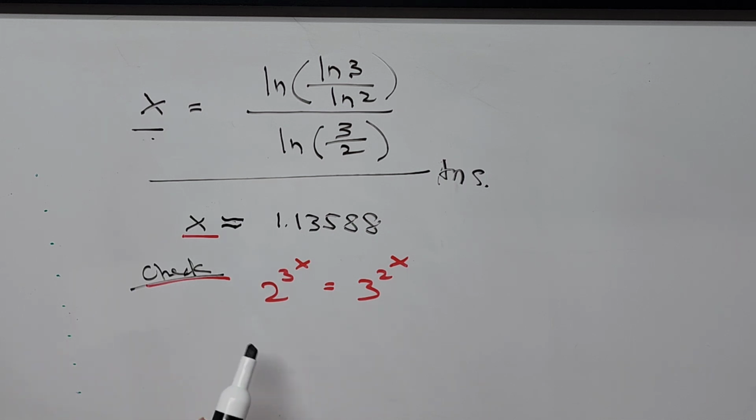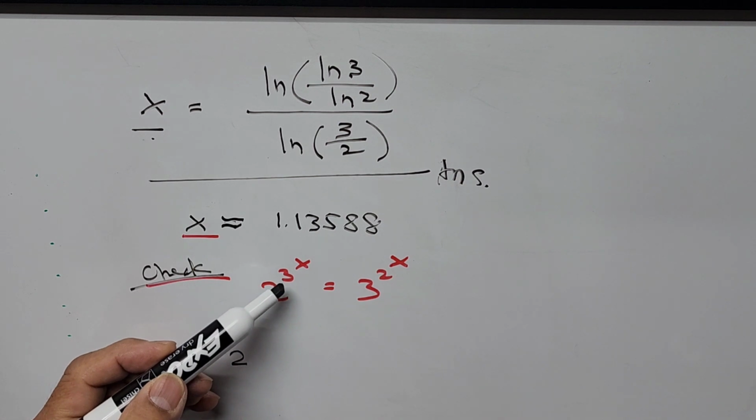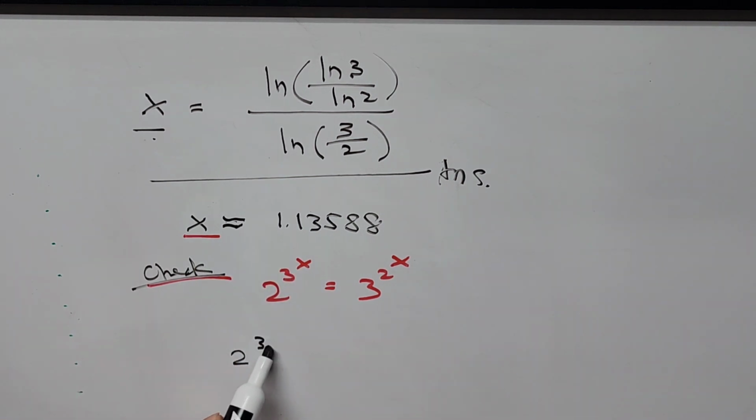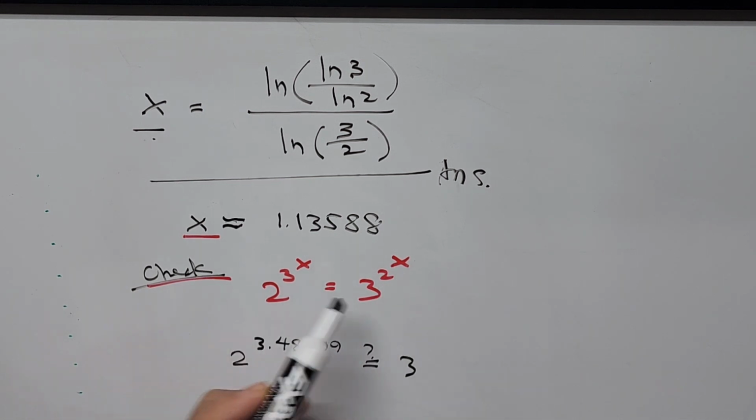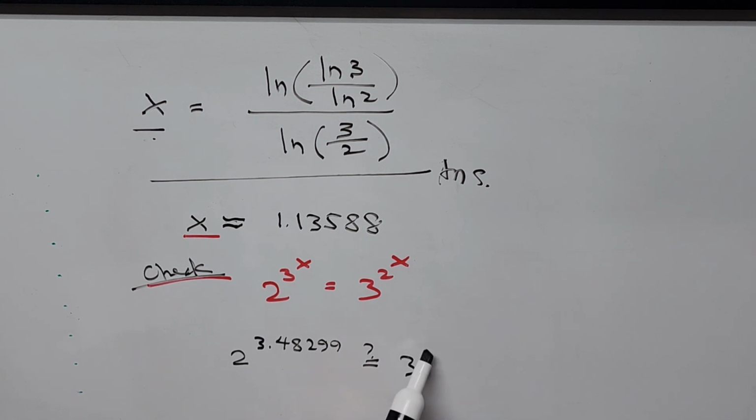The left hand side is equal to 2 to the power of 3 to the power of x, which is 2 to the power of 3.48299. And the right hand side, 3 to the power of 2 to the power of x, where x is this value, is equal to 3 to the power of 2.19752.